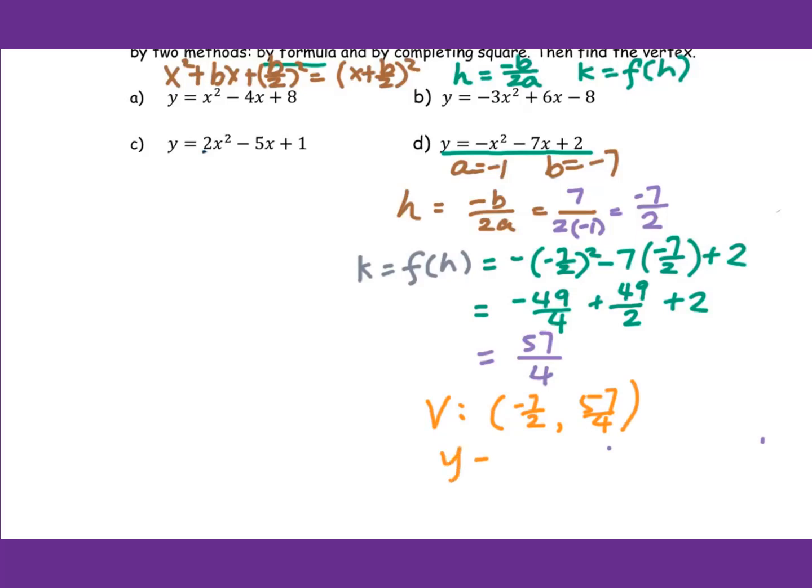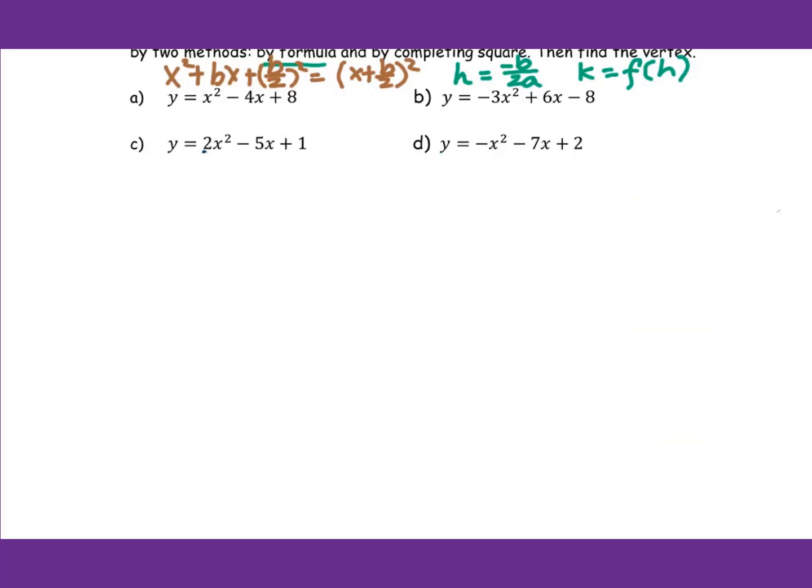Then y equals, a here is negative 1, x plus 7 over 2 squared plus 57 over 4. Now let's do this by completing square. First of all, I will take negative 1 outside. I got x squared plus 7x plus 2.